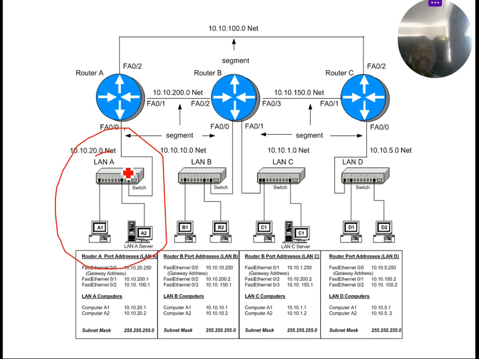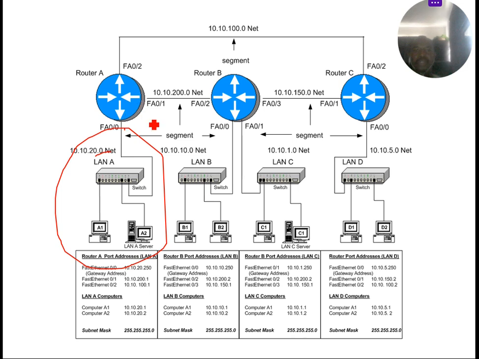This is the default gateway upon which any data packet here is propagated or sent to this router with the fast Ethernet 0/0 interface. Through this, the data packet is propagated to this router.